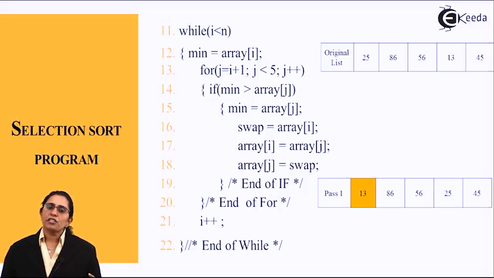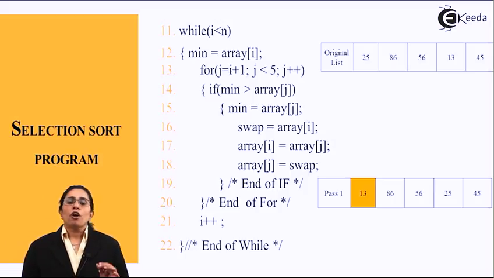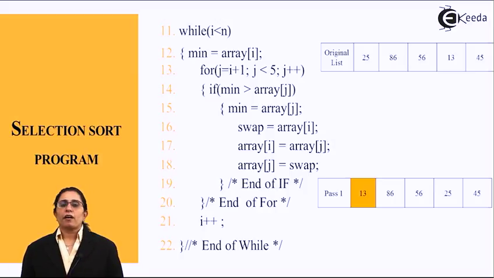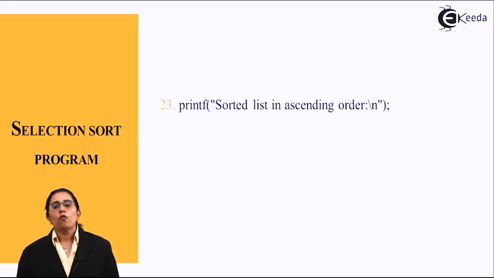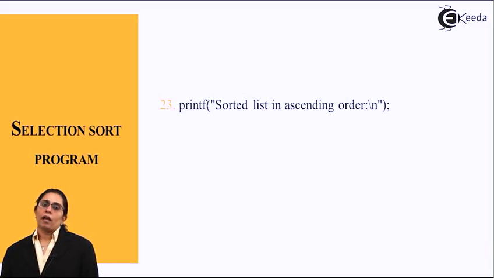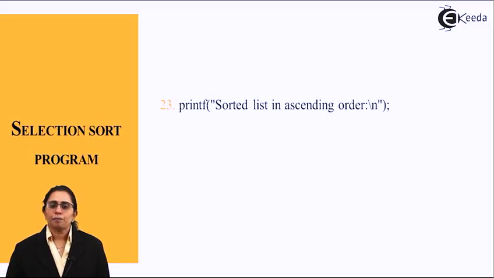After continuously working for 5 loops, when my value of i becomes equal to n, that is 5, we come out of this loop and we see how the output is printed. So we give the printf statement and we say the sorted list is the ascending order.